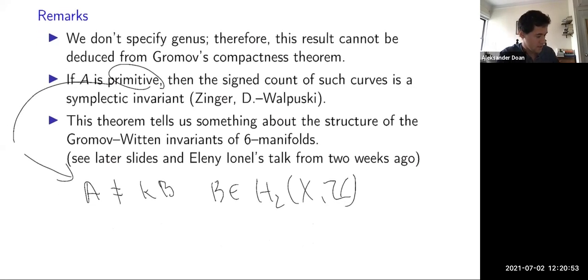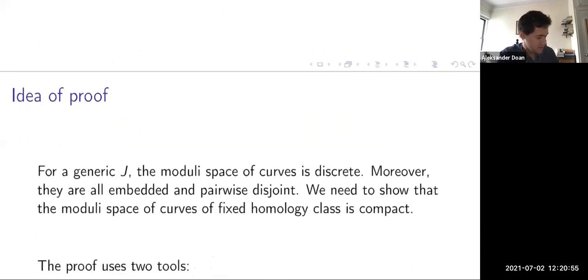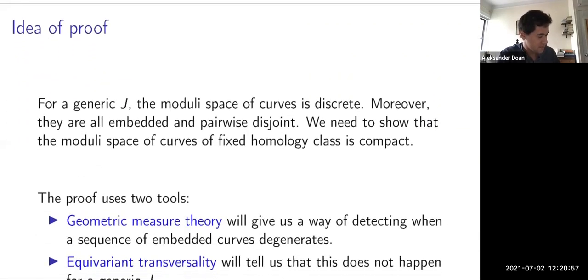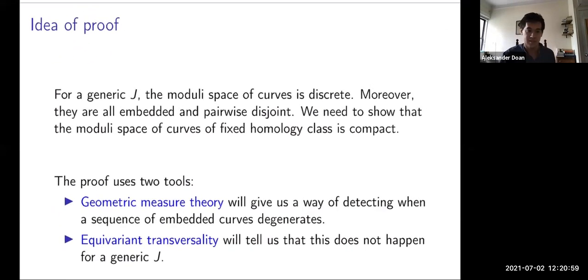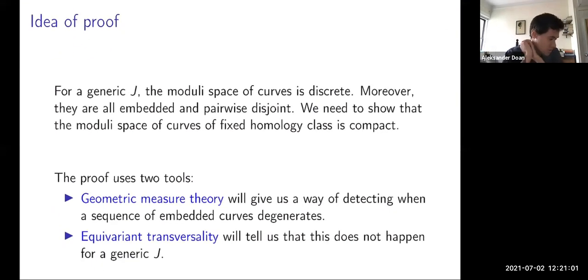So for most of the remaining part of the talk, I want to say something about what goes into the proof of this result. So using basic transversality results for simple J-holomorphic maps, you can show that for a generic J, the moduli space of curves is discrete.